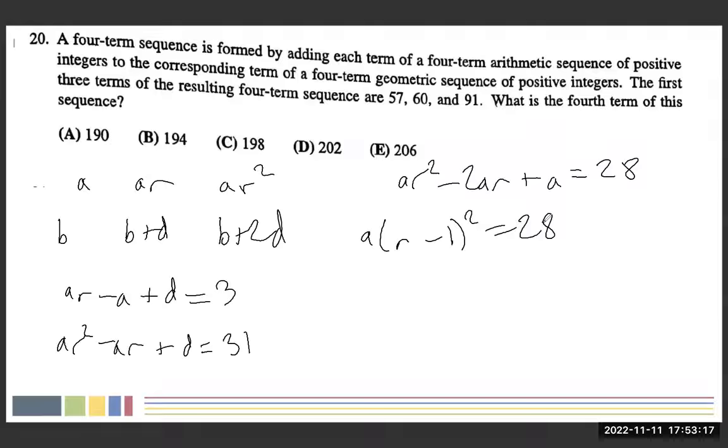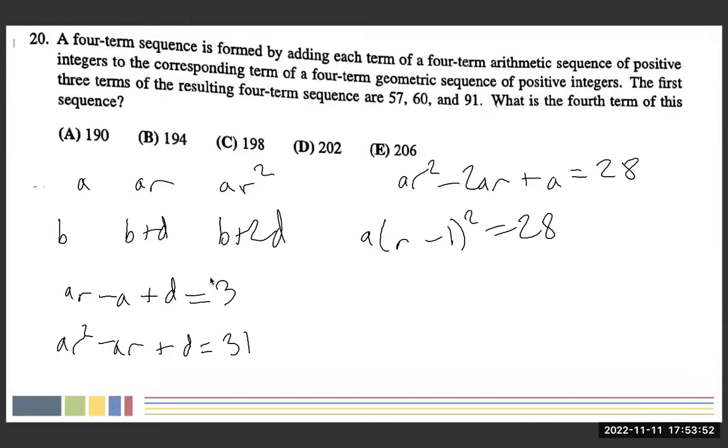A has to be a positive integer because A itself is a term. Technically R doesn't have to be an integer, but because A is an integer and 28 over A is an integer, R minus 1 would have to be an integer, otherwise it wouldn't make sense.